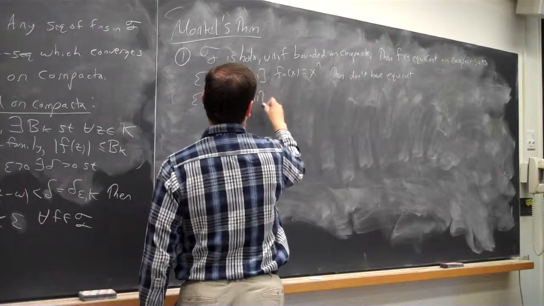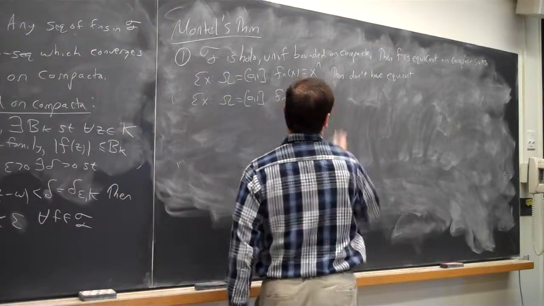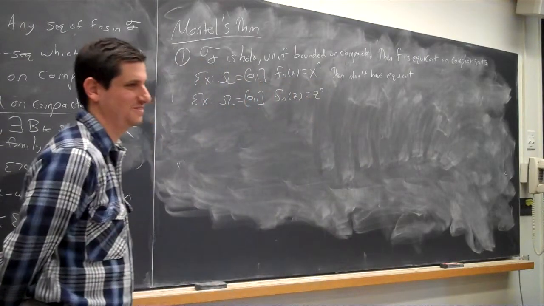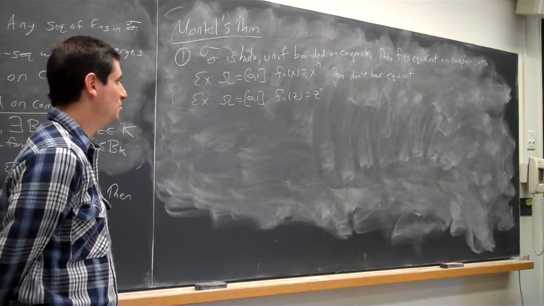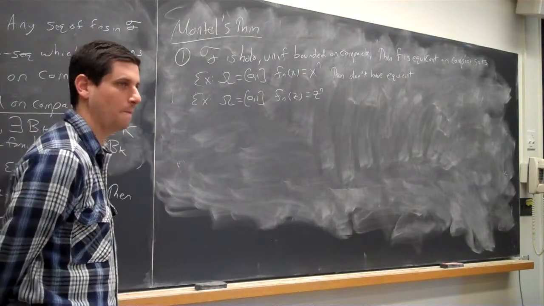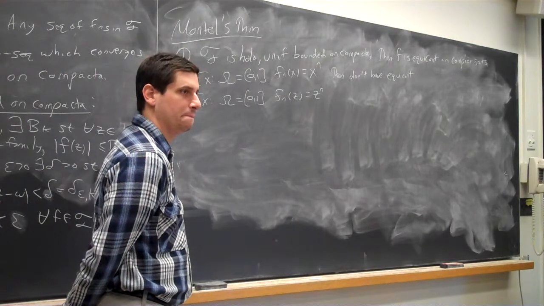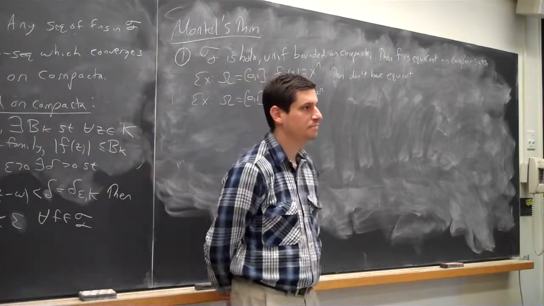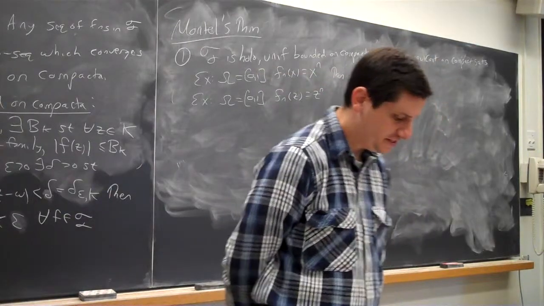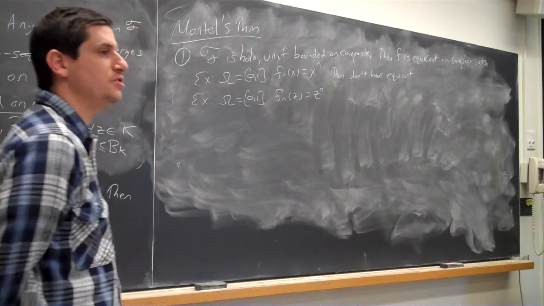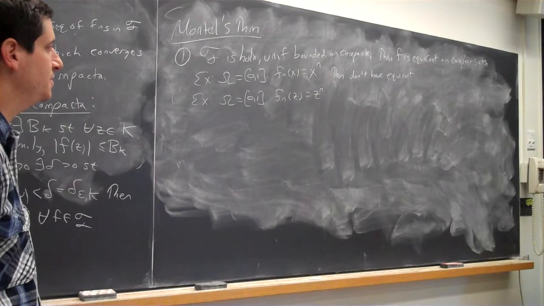Omega is (0,1), f_n(z) is z^n. Those are holomorphic functions. Doesn't Montel's need normal too? That's the second part of Montel, that it's a normal set. So what's wrong with the function f_n(z) = z^n?